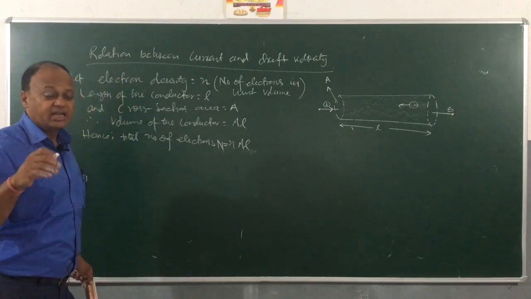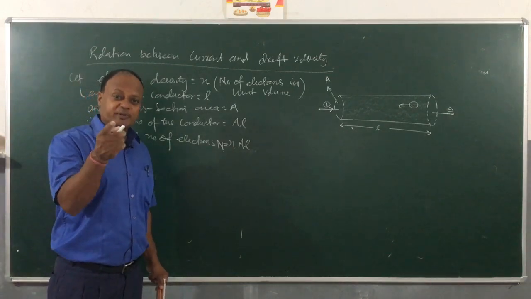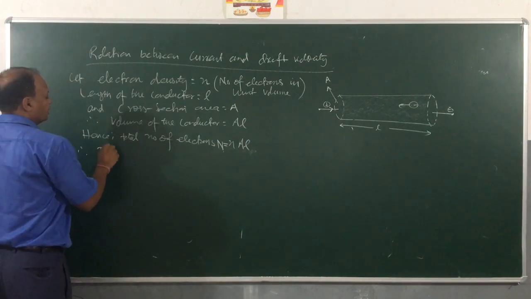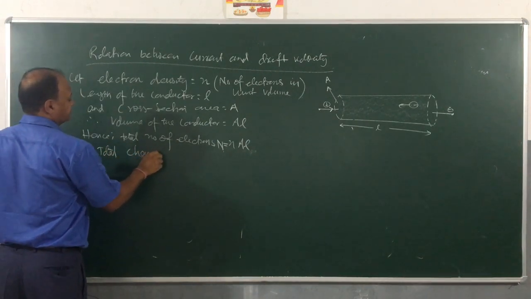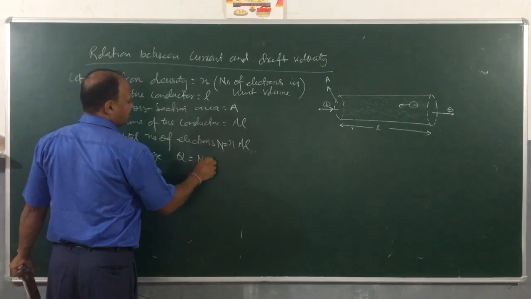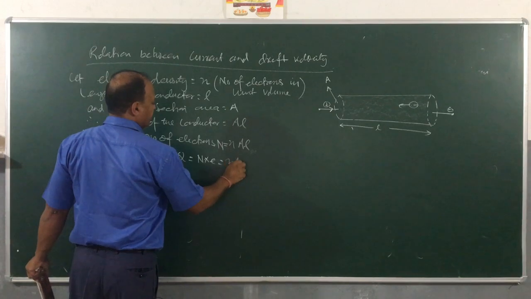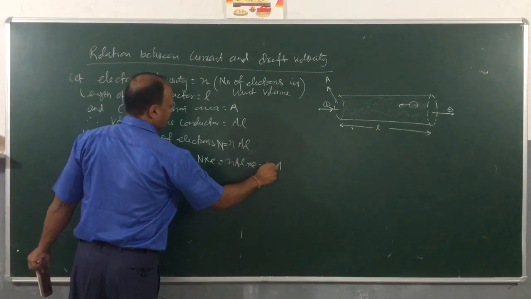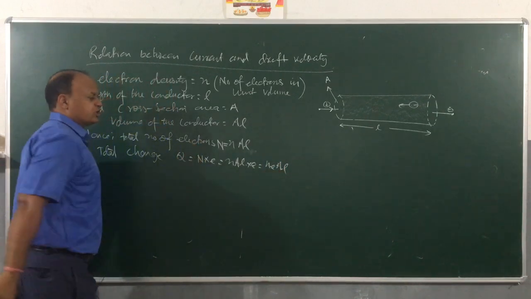These many electrons are there, and we know the charge of an electron is denoted by e. Therefore, the total charge Q is equal to N into e, so n A L into e. I can also write it as n e A L. So this is the total charge.